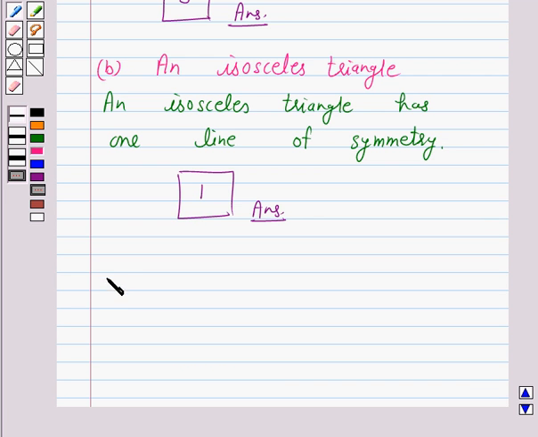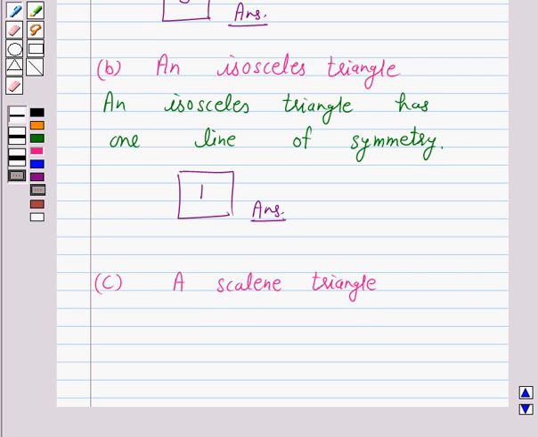Now, in part C, the given figure is a scalene triangle. In a scalene triangle, all the sides have different lengths. So, here we cannot have any line about which, if this figure is folded, the two parts of the figure will coincide.